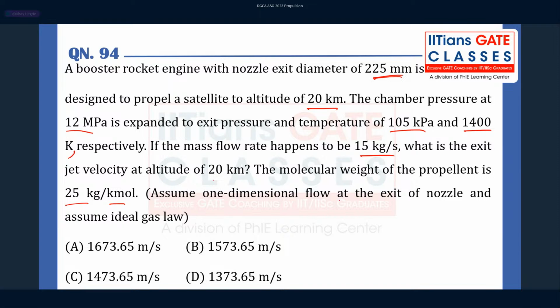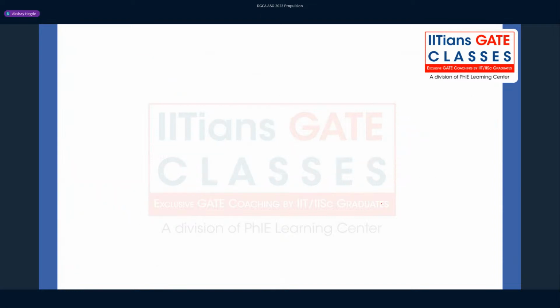Again in this problem we are given many data actually, so let us try to model this problem. Say I have a rocket engine like this.